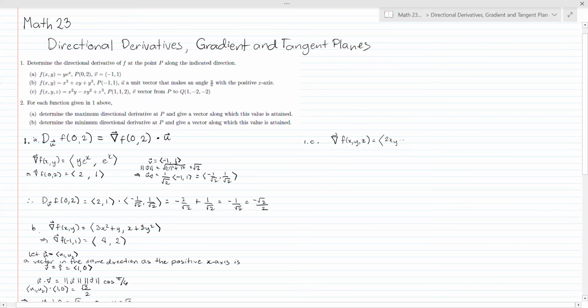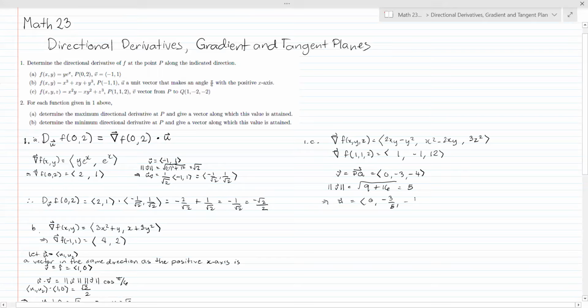And then, yung vector natin v is the vector daw from P to Q. So that's (0, -3, -4). But note na this is not a unit vector since ang norm ay square root of 25 which is 5. So to normalize, kunin natin yung unit vector na (0, -3/5, -4/5).